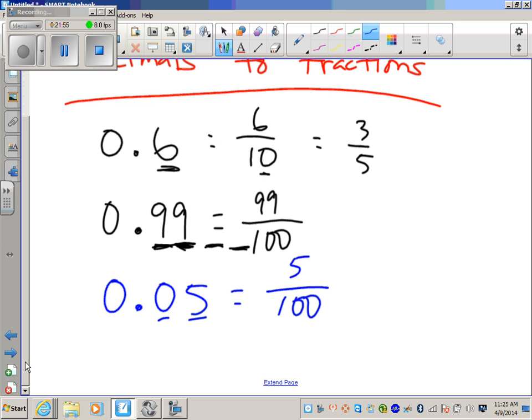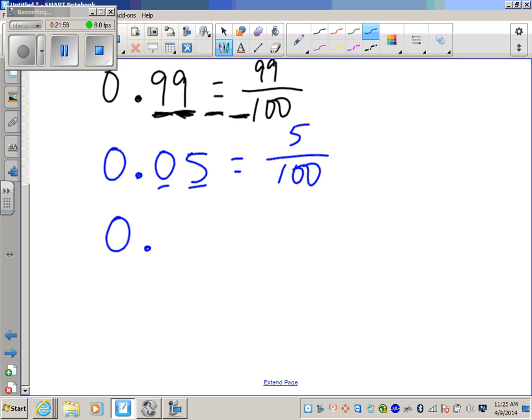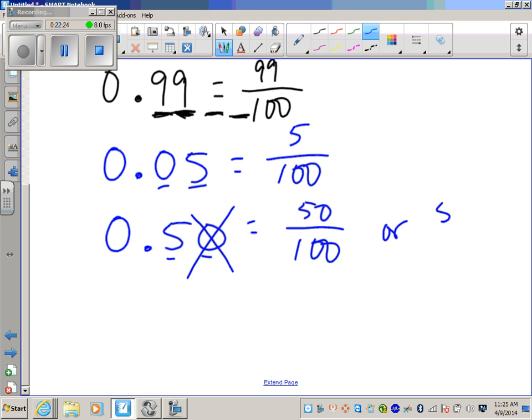Okay? Which, and to answer Liam's question, let's say we have this. There's 2 different ways I can go here. I could say it's 50 over what? It went 2 places after? 50 over 100. Or I could completely get rid of this 0 because it's left over and call it 5.